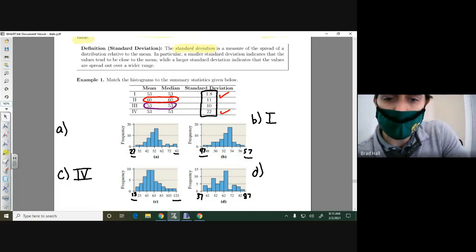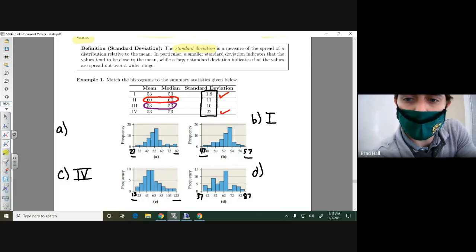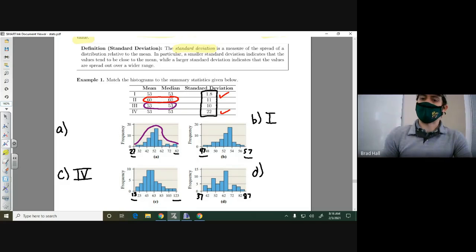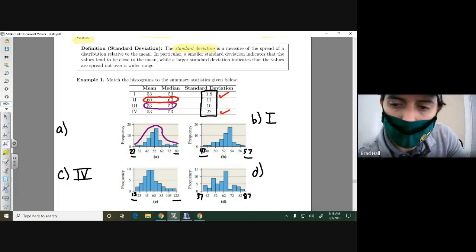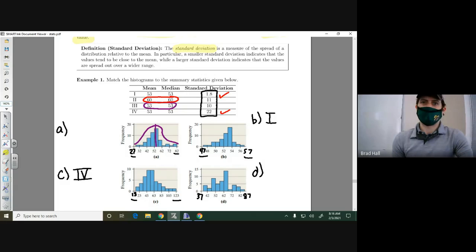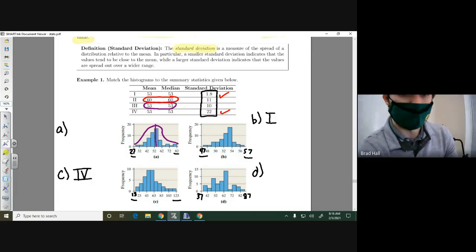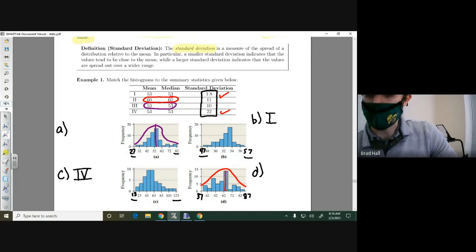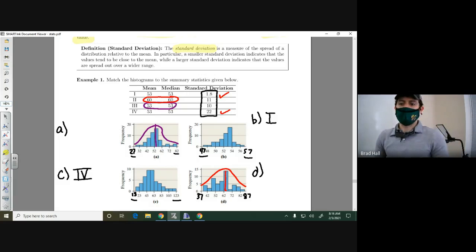I think it's clear, though, that in this distribution here, there seems to be a maximum a little bit past 52. And for the other one, it tends to be values closer to 62.